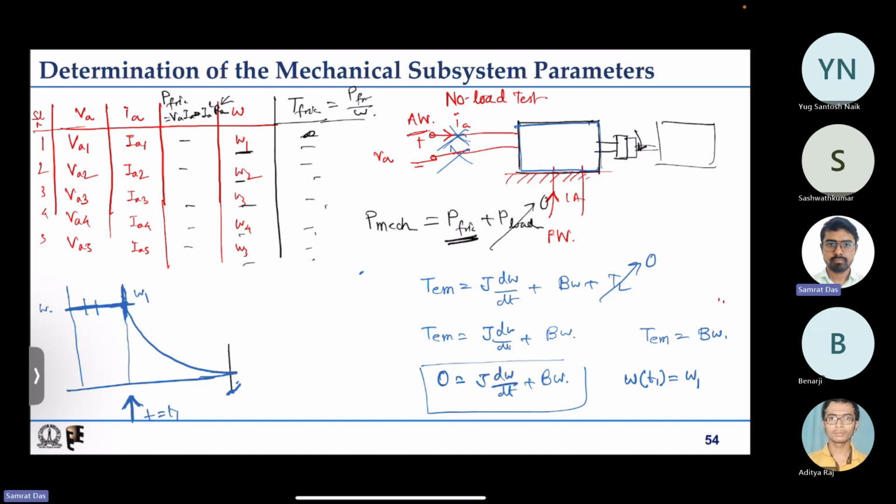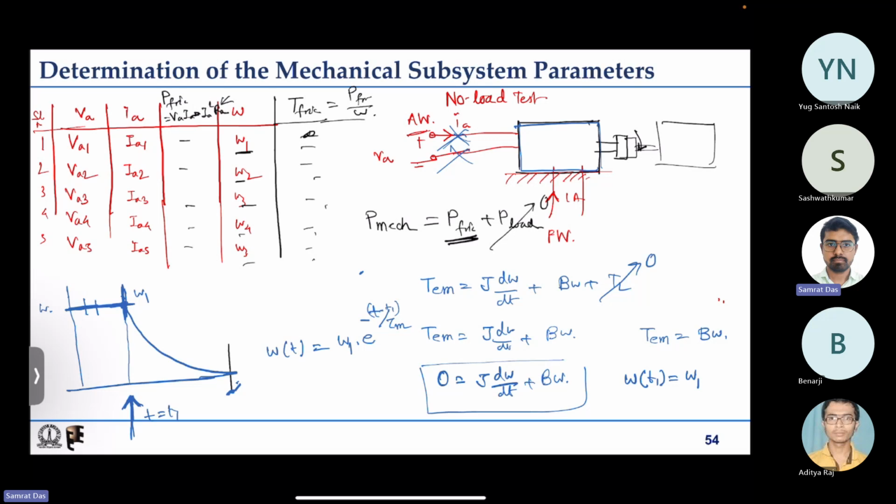So you can solve this differential equation, you will get the fall of omega as a function of t equal to the initial speed omega 1 into e to the power minus t by tau mechanical. This is assuming this as the 0 instant, or otherwise you will have t minus t1, whatever.